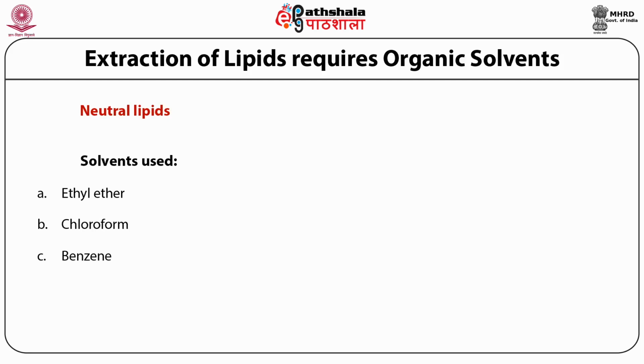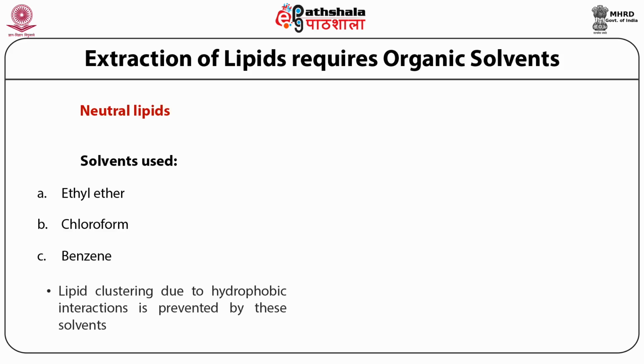And why these solvents? These solvents prevent the clustering of lipids, which normally occurs due to hydrophobic interactions between the hydrophobic tails of these lipids. These solvents prevent this lipid clustering and enable the extraction of neutral lipids from a mixture of lipids.